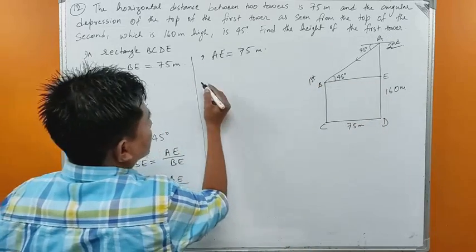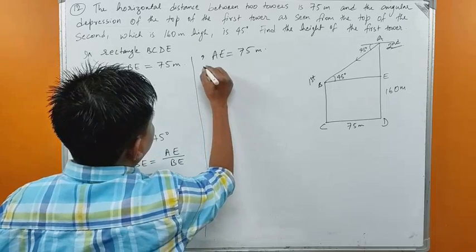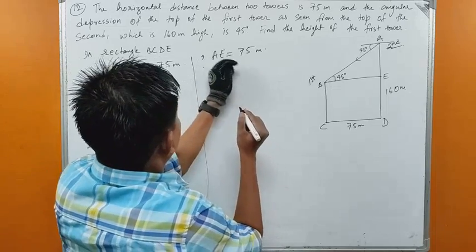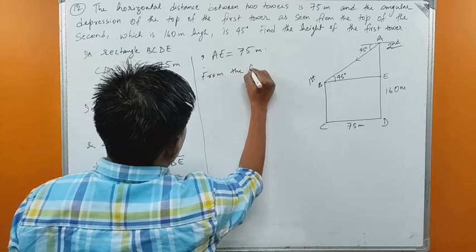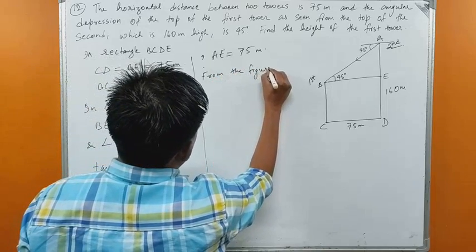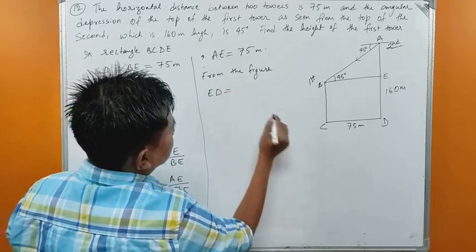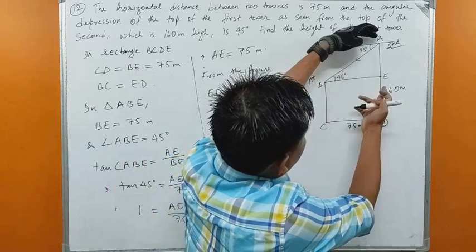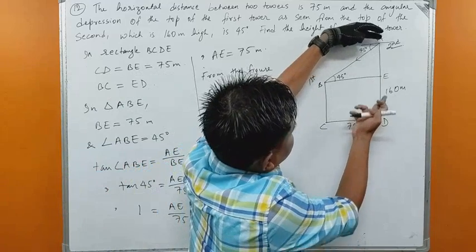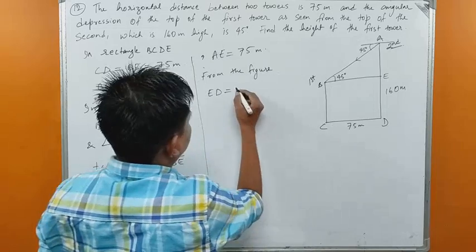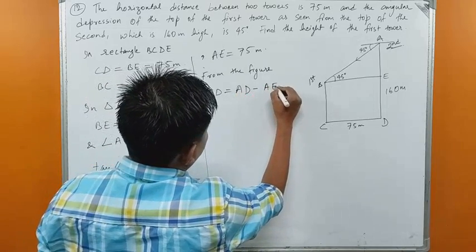From the figure, you can write ED equals AD minus AE.